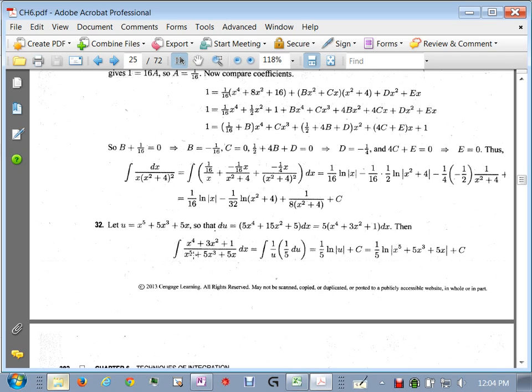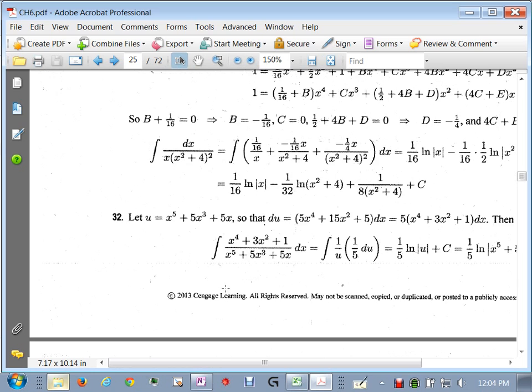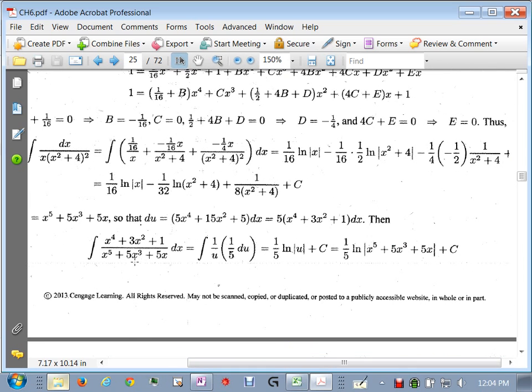Look at this one right here. Can y'all see this okay? Do I need to blow this up? Look at this integral right here. You could start really torturing yourself with this, but if you take the derivative of the bottom, you get 5x to the 4th plus 15x squared plus 5, which is exactly the top, but you're off by 5.